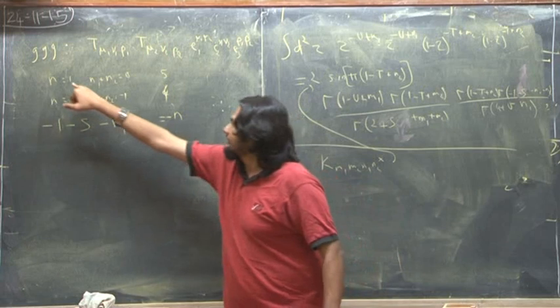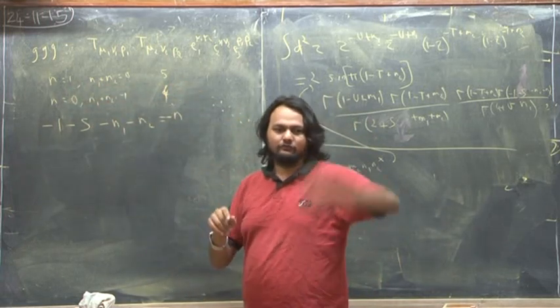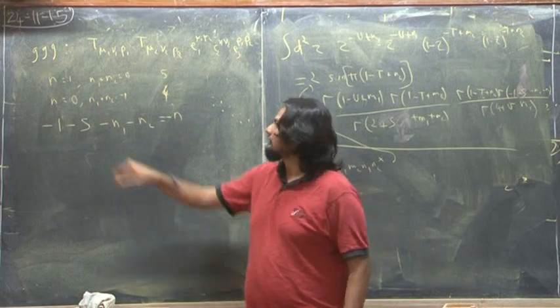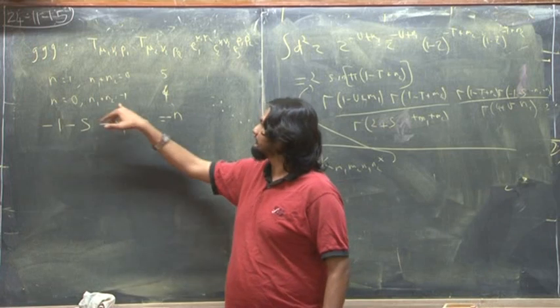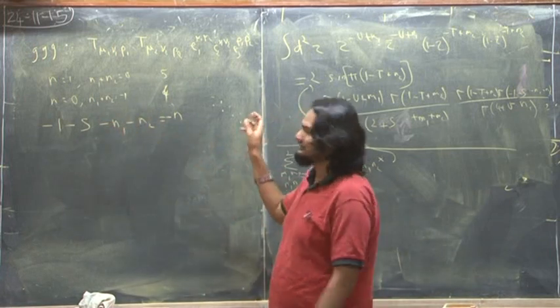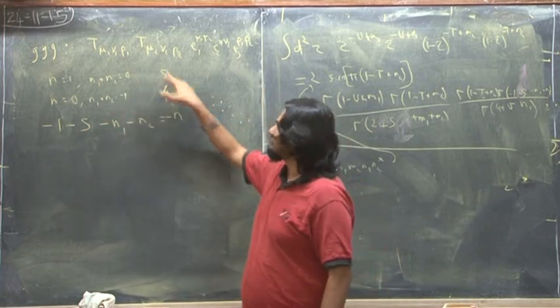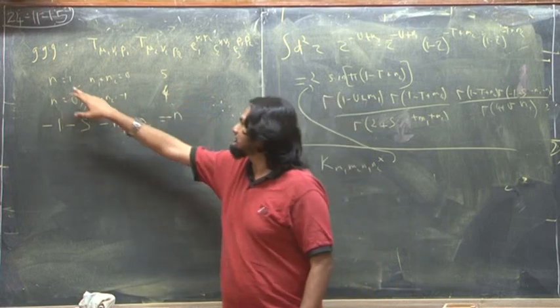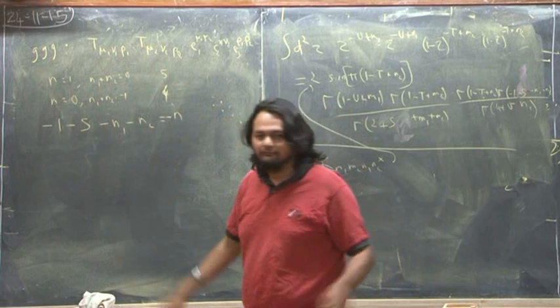And so n equals 1, n1 plus n2 equals 0 has 5 terms because n1 can go from -2 to 2 and n2 can compensate. And n equals 0, n1 plus n2 equals -1 has 4 terms. I can just look at it geometrically. There's only 3 ways to compensate. So there are totally 9 terms. The tachyon pole has to come from n equals 0, n1 plus n2 equals 0, therefore there are only 5 terms.